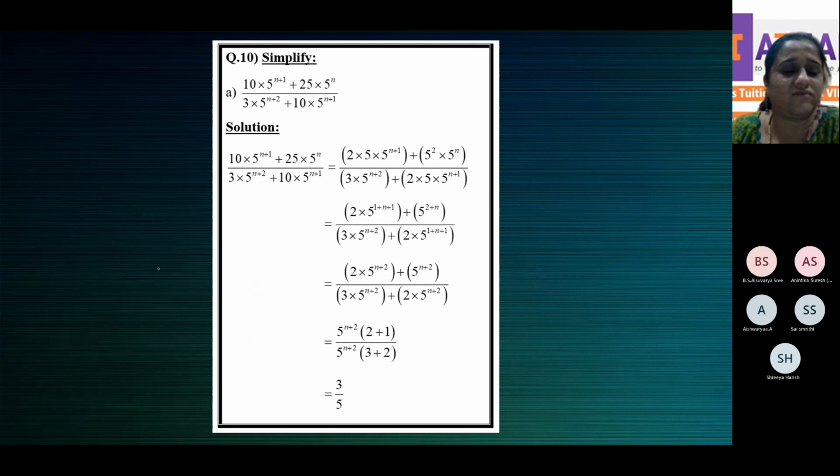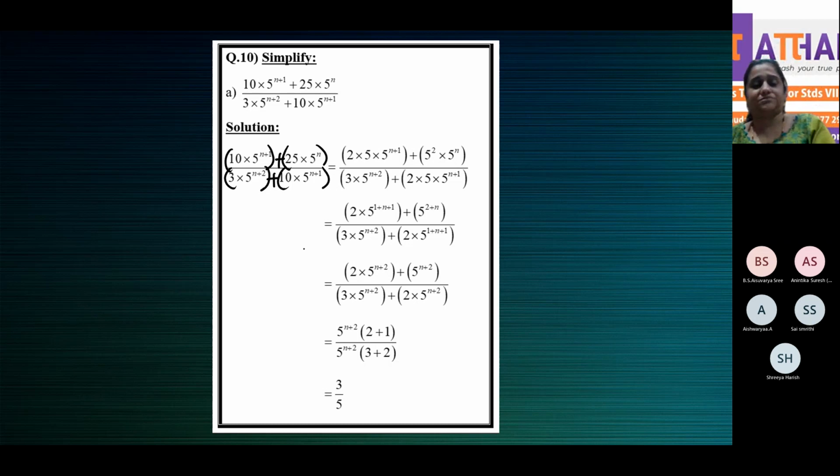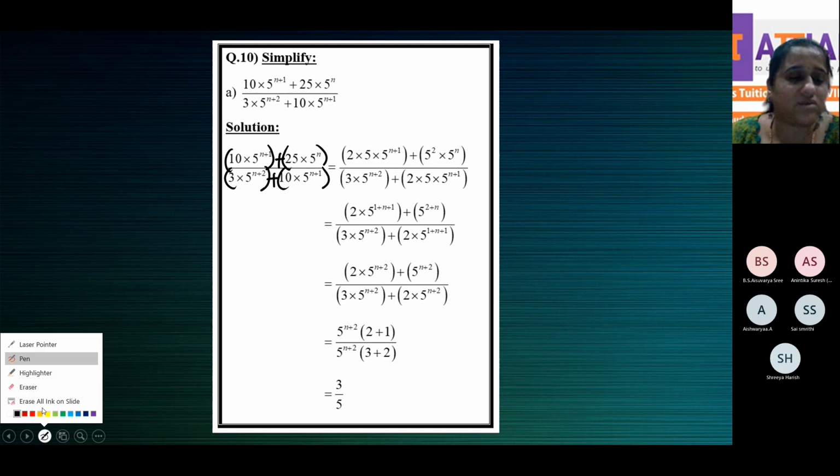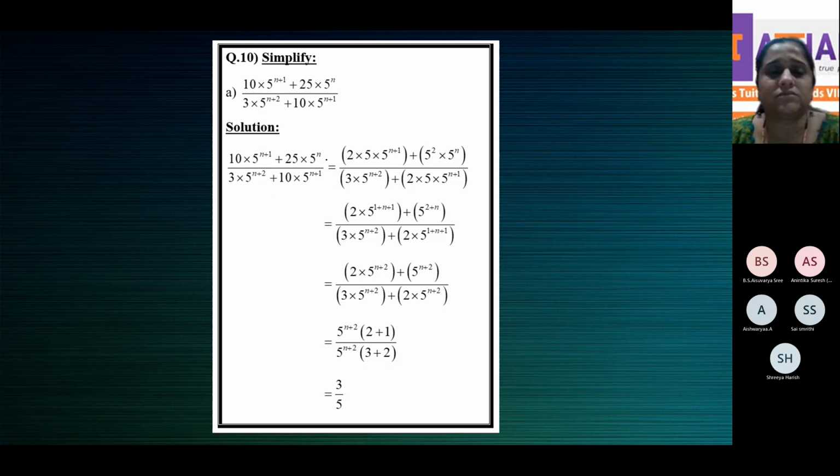So basically, we've started like this. You can see the connecting sign is plus. So we've used a bracket here so that we are clear about which one makes a group. You can use brackets like that to separate one from the other.